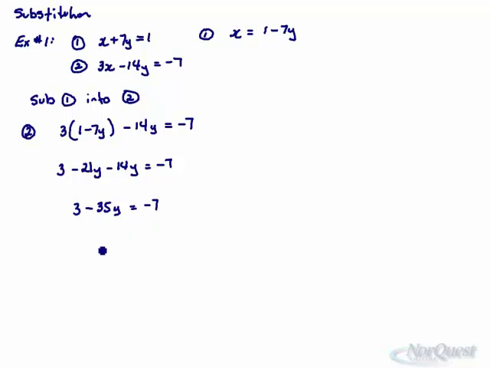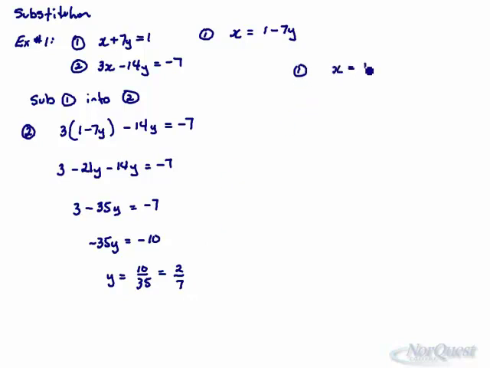Move the 3 to the other side, end up with negative 35y equal to negative 10. Divide by negative 35, y equals 10 over 35. But this can be reduced. We can divide by 5, so it can be written as 2 over 7. Now that you know what y is, go back to equation 1.